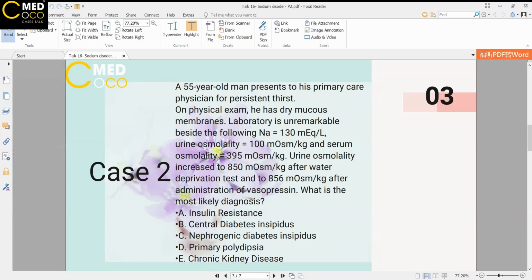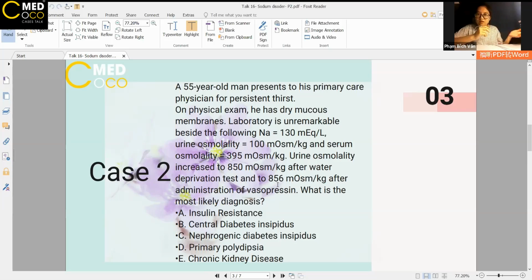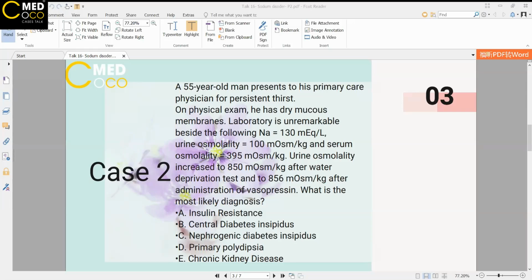So before we jump to vasopressin, let's talk about water deprivation first. What does the water deprivation test tell you? Well, it can be a situation where the brain didn't secrete enough ADH, so when you administer vasopressin, the urine osmolarity goes up.